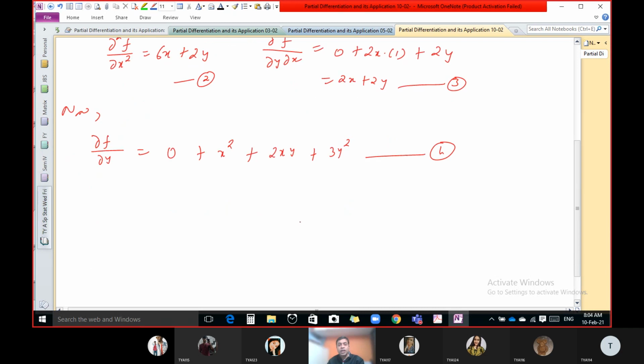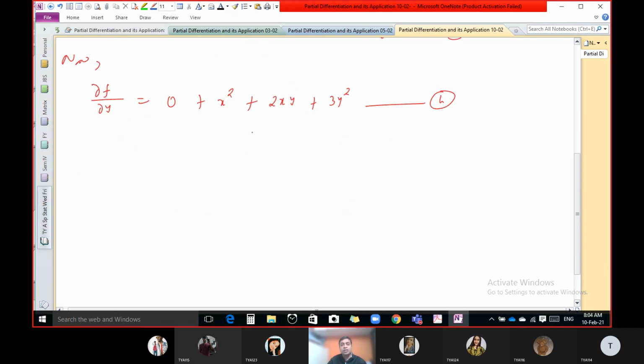Now once again differentiate this with respect to x, so we get del square f upon del x del y. The derivative of x square with respect to x is 2x. Plus 2y, perfect.